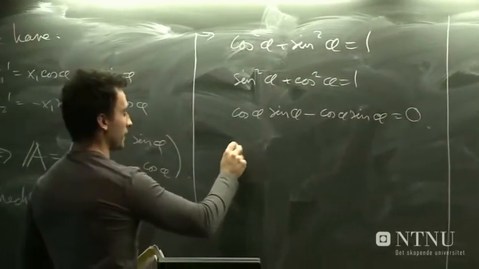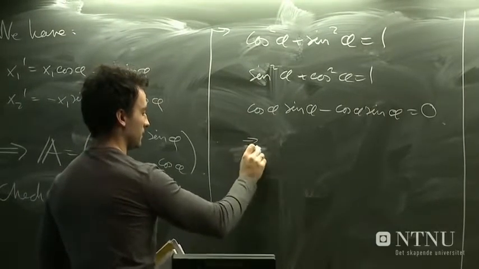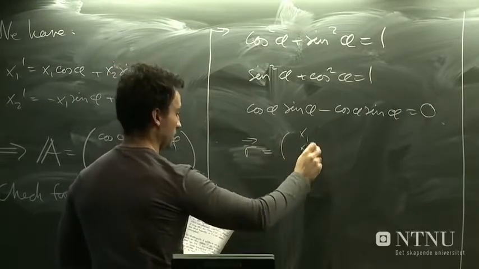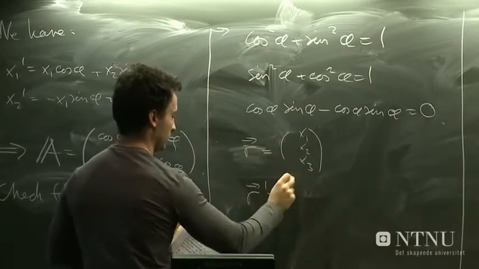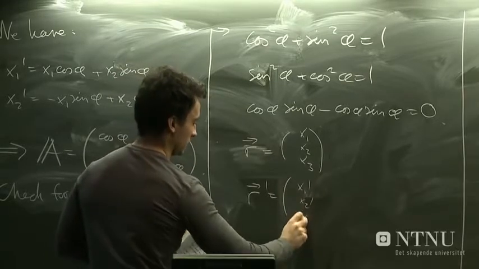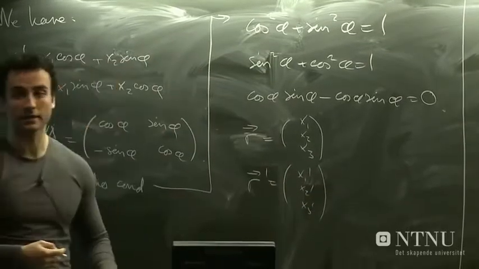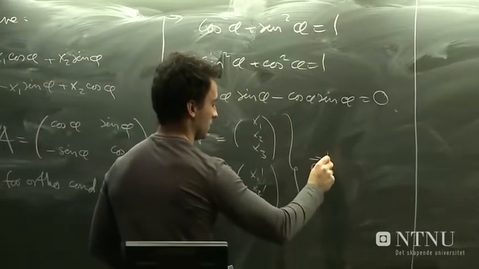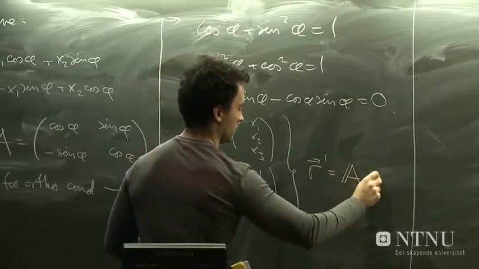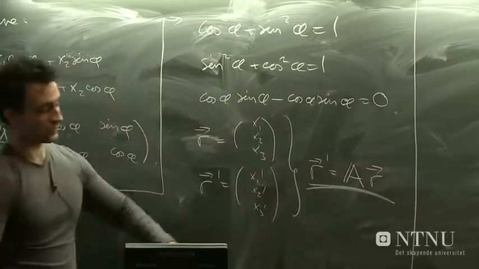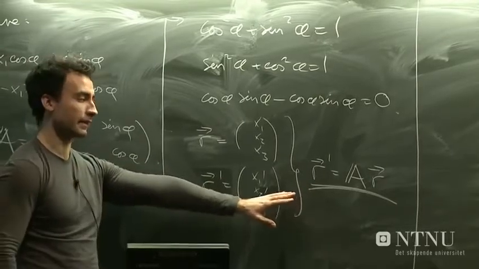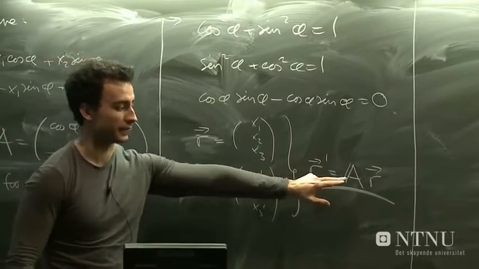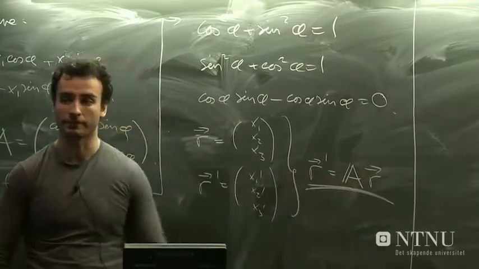Now we see that if we define these two vectors, the transformation equation can be written quite compactly like this. So the vector in the new coordinate system is given as the transformation matrix multiplied with the old one.